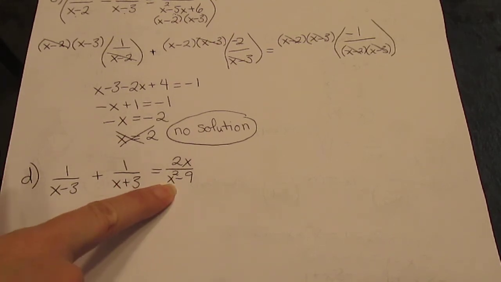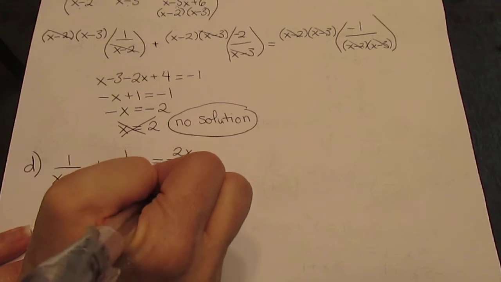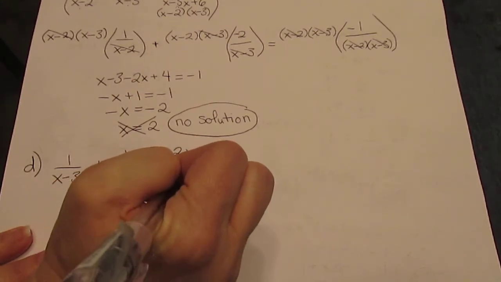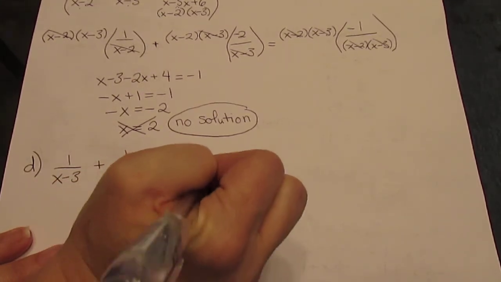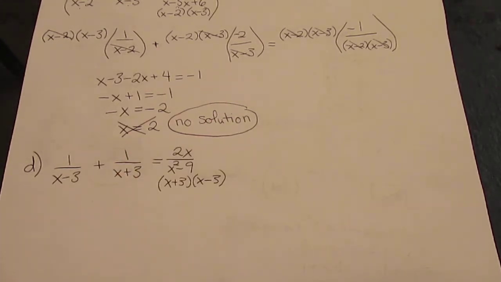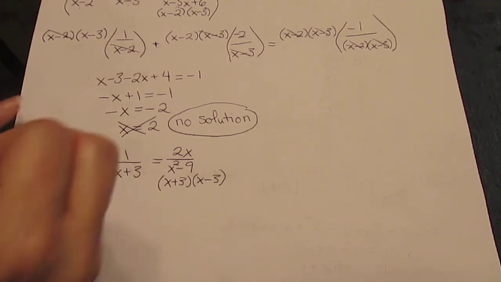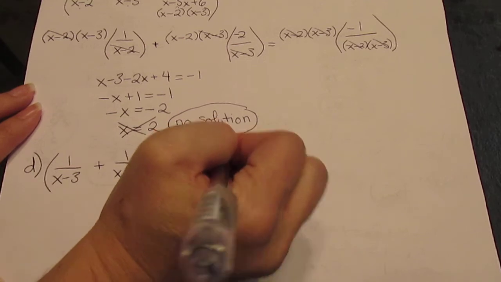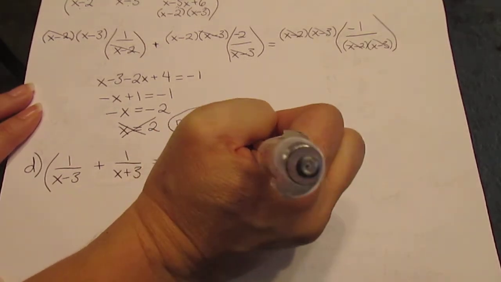This one is a difference of 2 squares, so we can factor that one. We get x plus 3, x minus 3. Oh, and again, that's what these two denominators were, so that's great. We know we just need to multiply the whole thing by x plus 3, x minus 3.